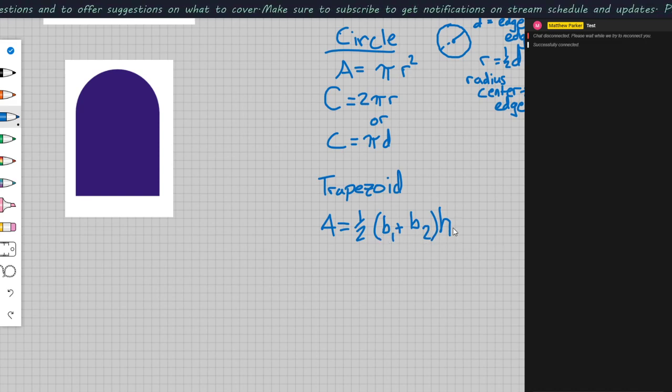You may see that on the opposite side of h. You may see it as 1/2 h times b1 plus b2.